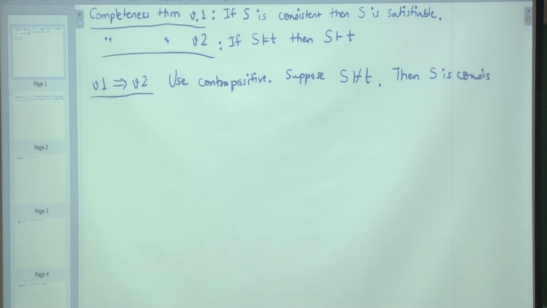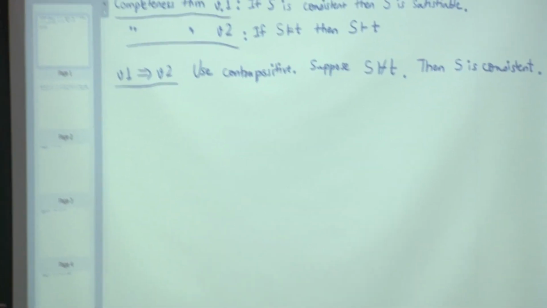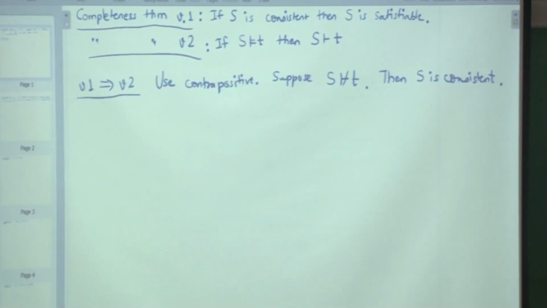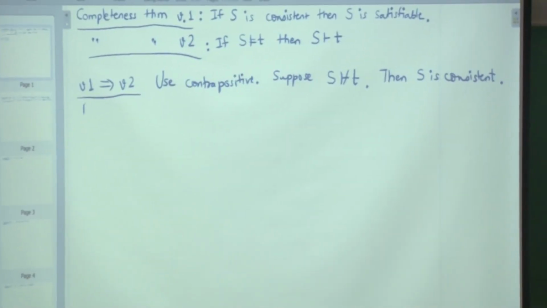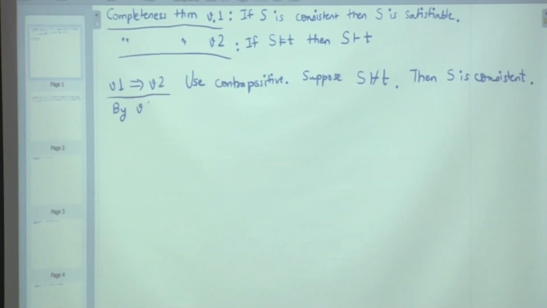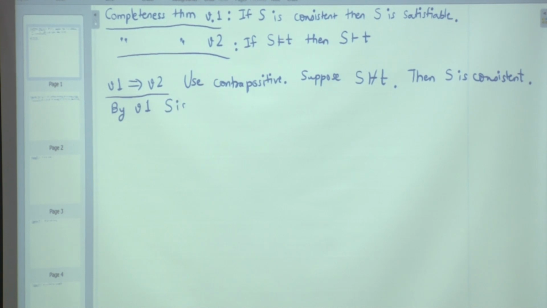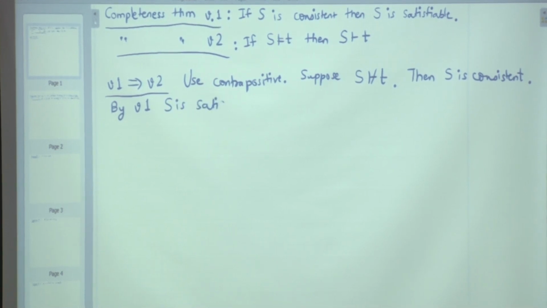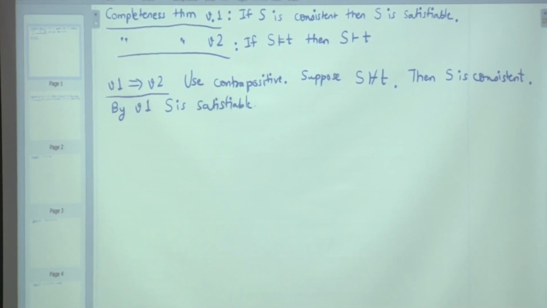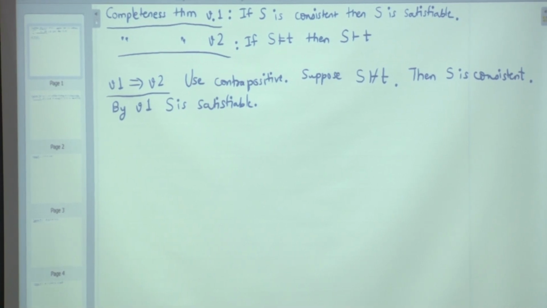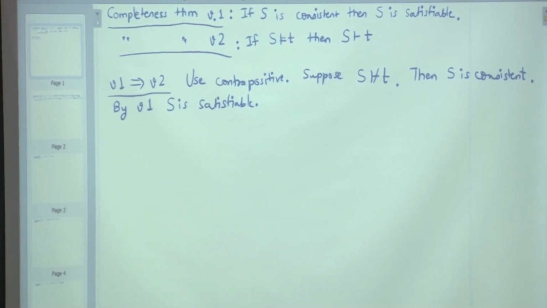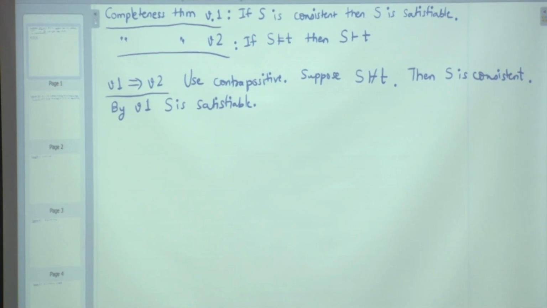This is simply the definition of consistency, and therefore by version 1, S is satisfiable. Don't write it yet, I will tell you when it is right. And then, why is T not a logical consequence of S?